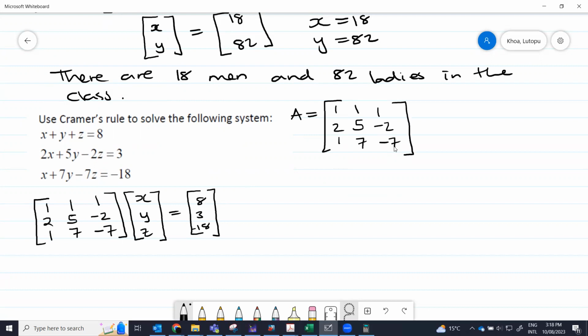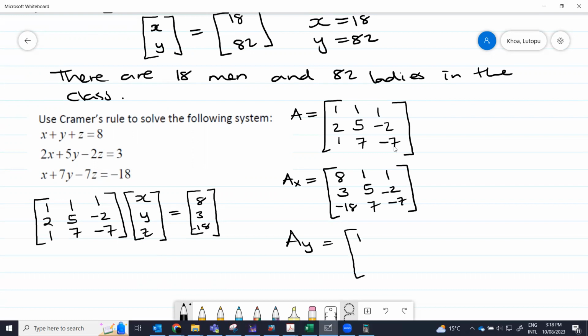And then you form your matrix AX, this is 8, 3, minus 18, 1, 5, 7, 1, minus 2, minus 7. Then we form a Y.